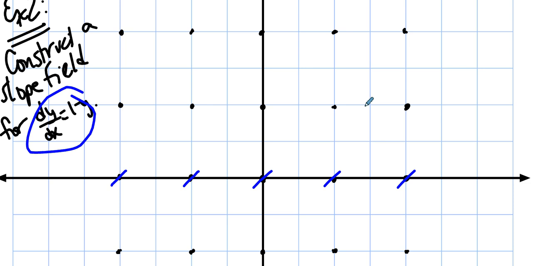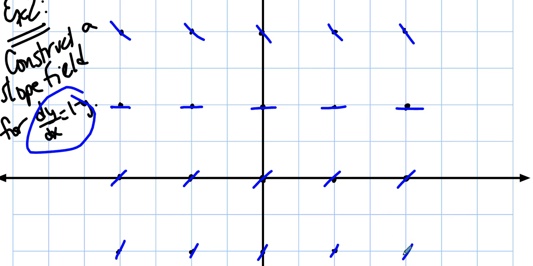Everywhere y is 1, we draw lines with a slope of 0. Everywhere y is 2, we draw lines with a slope of -1. And everywhere y is -1, we draw lines with a slope of 2.